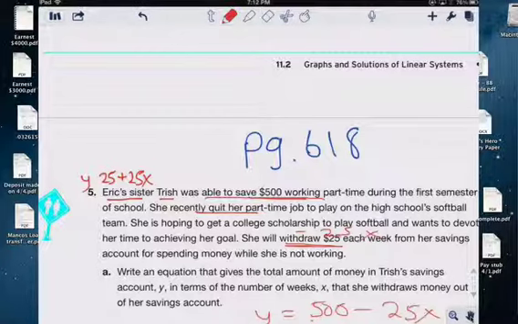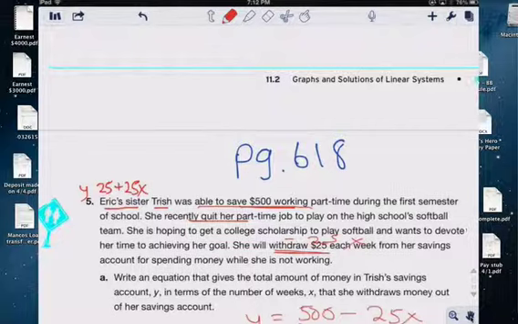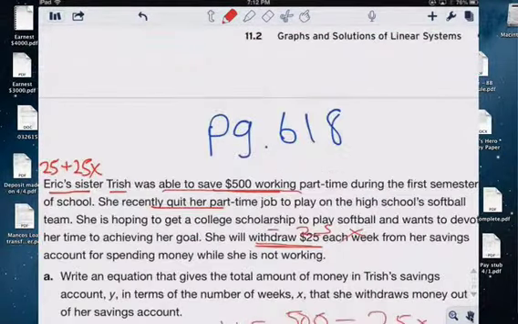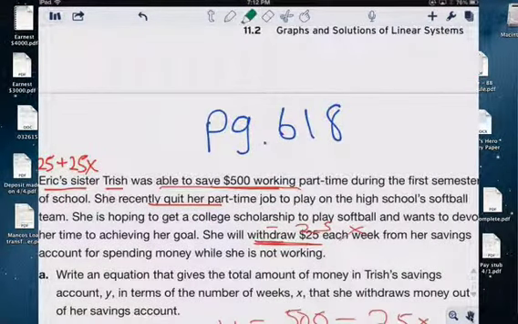She is hoping to get a college scholarship to play softball and wants to devote her time to achieving her goal. She withdrew. This word withdrew is a minus. $25 per week. X, remember, represents weeks, from her savings account for spending money while she's not working.